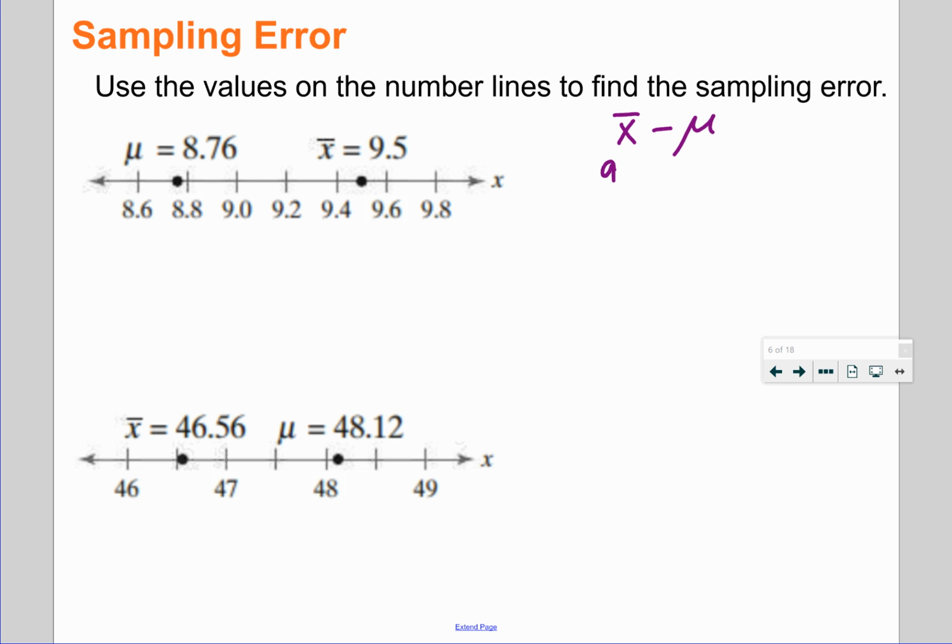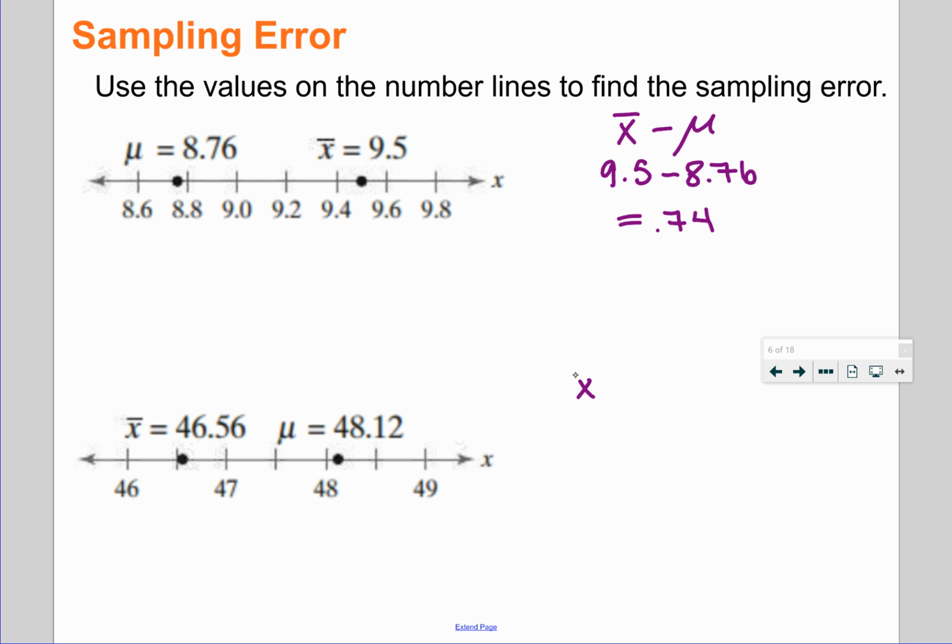In the first one, my sample mean is 9.5. My population mean is 8.76. We subtract. That's it. These are quick little easy problems. I get 0.74 is my sampling error.